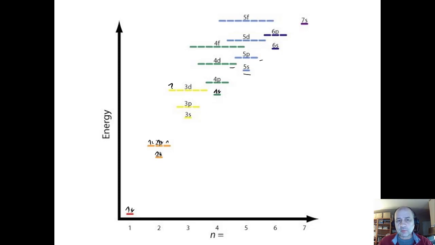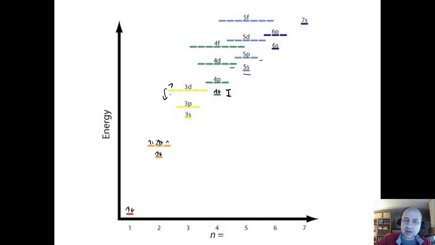As you populate or put electrons into these levels, the energy changes, right? So the more electrons you put into an orbital, the lower the energy. These are so close in energy to begin with, and all it takes is for one electron to go into this 3d level, and it'll drop in energy below the 4s. And that is why in the ground state the 3d is lower than the 4s.